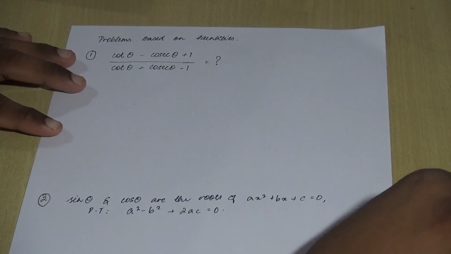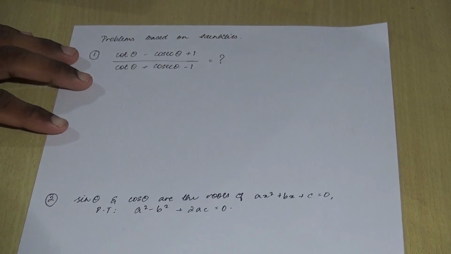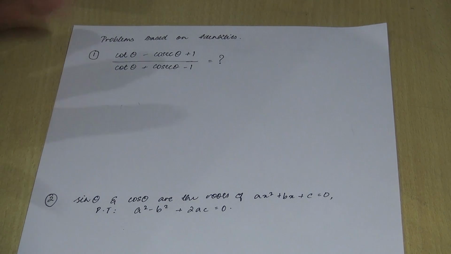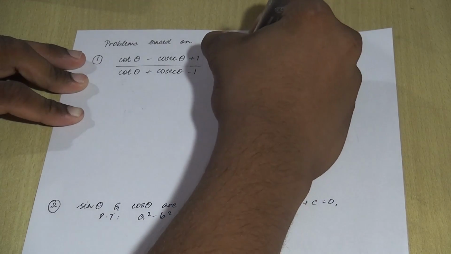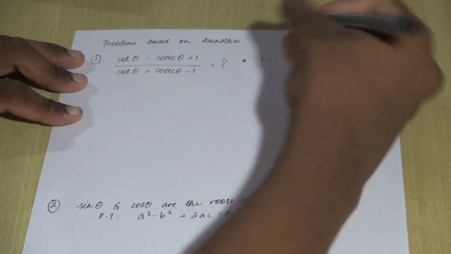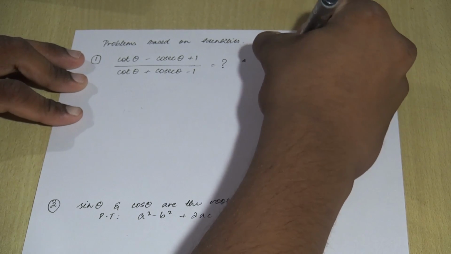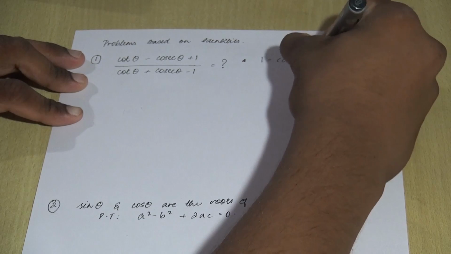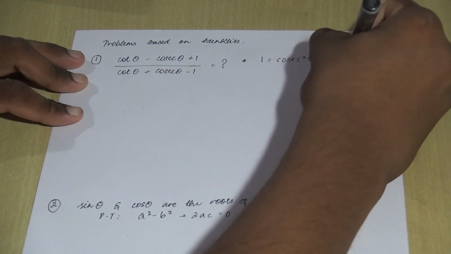Okay, now we're going to be doing problems based on identities. We will solve the first one. First one is (cot theta - cosec theta + 1) by (cot theta + cosec theta - 1). For this, we have one of the three basic identities, that 1 is equal to cosec square theta minus cot square theta.